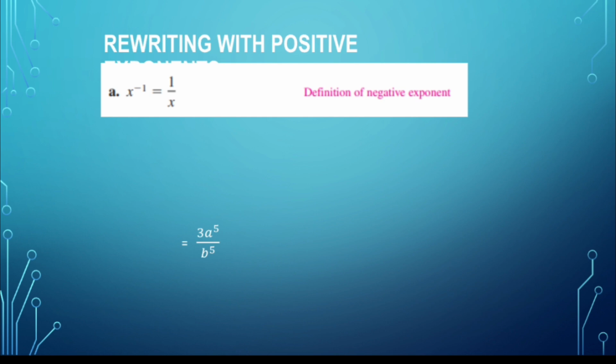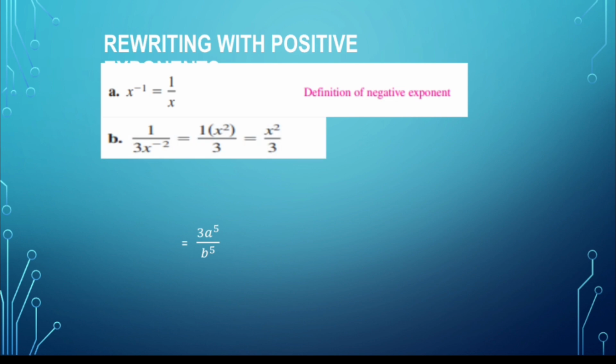Okay, here we have few practice questions. Here you can see that the base is having the negative power. So recalling the definition of a negative power, we'll change its position. We'll write x in the denominator to make it positive. Again, in the next question, there are two terms, 3 and x negative 2 in the denominator.